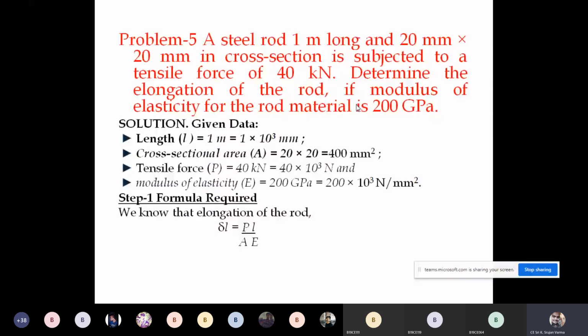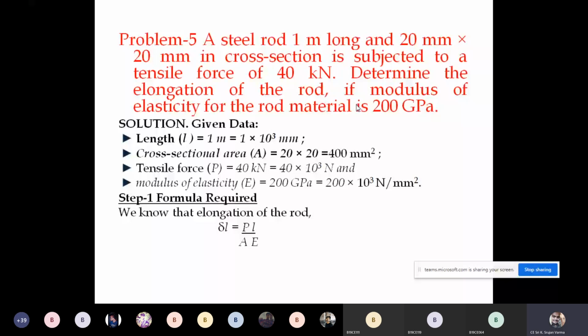Very important question, and very simple question. A steel rod 1 meter long and 20 mm by 20 mm in cross-sectional area, that means it is a square rod, is subjected to a tensile force of 40 kilonewton.